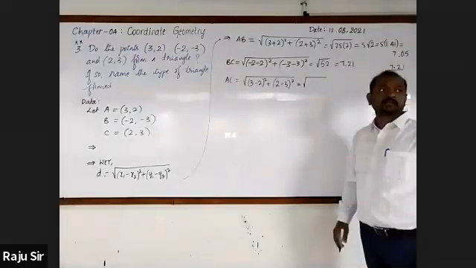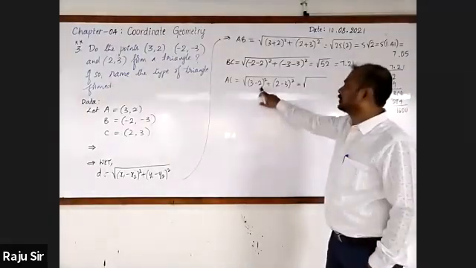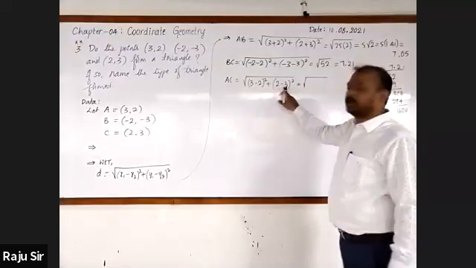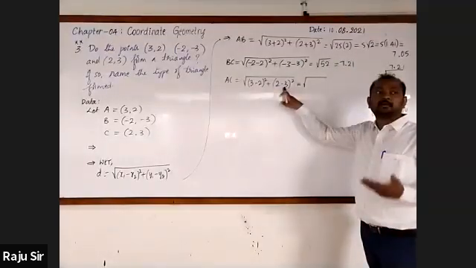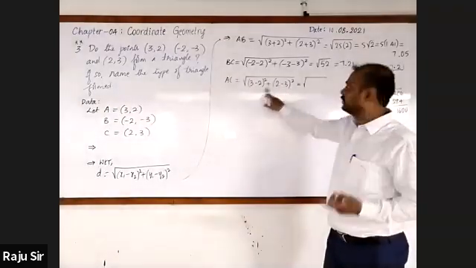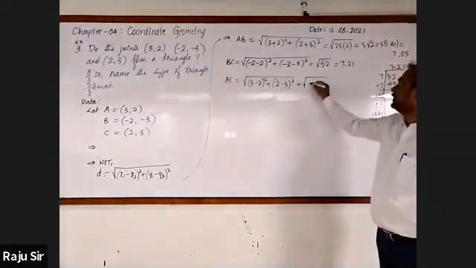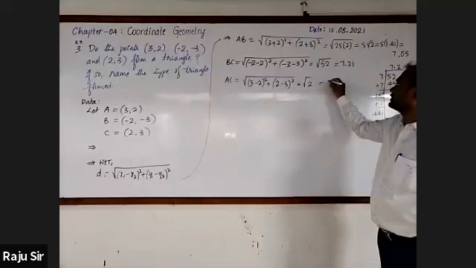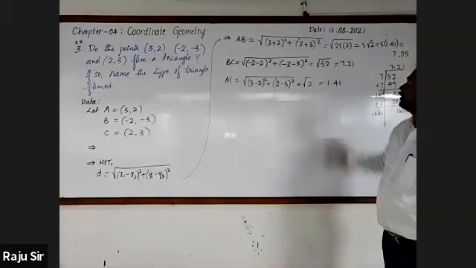What is 3 minus 2? 1. 1 square is 1. 2 minus 3 is minus 1. Minus 1 whole square is 1. 1 plus 1 is 2. Root 2 value is 1.41.